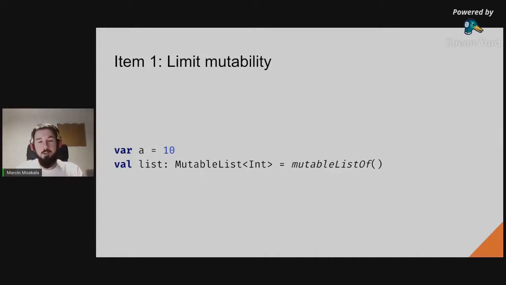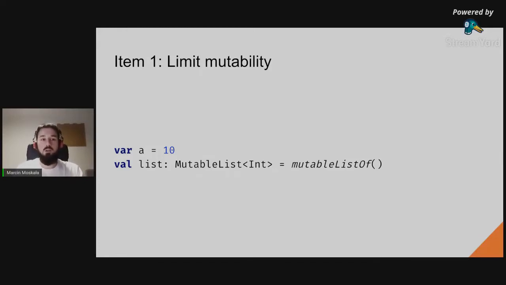Some functional programming languages do not support mutability at all, or hide it behind some special points of mutation. In Kotlin, mutability can be done everywhere, but thanks to Kotlin mechanisms, we have a lot of control over it.